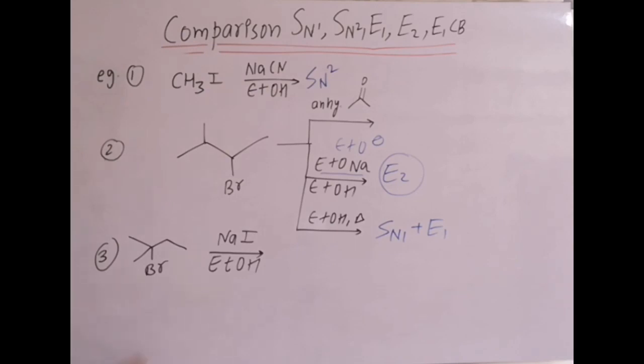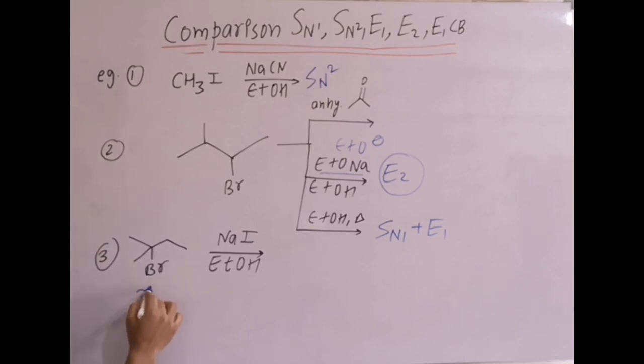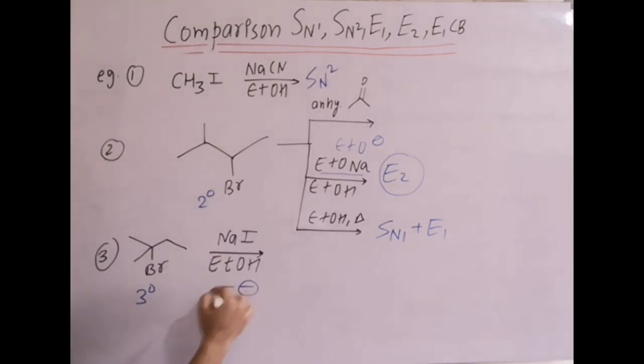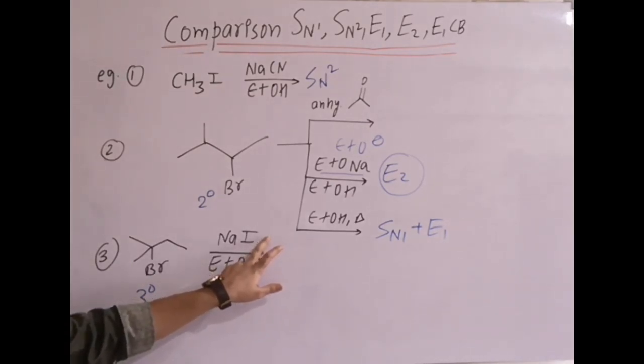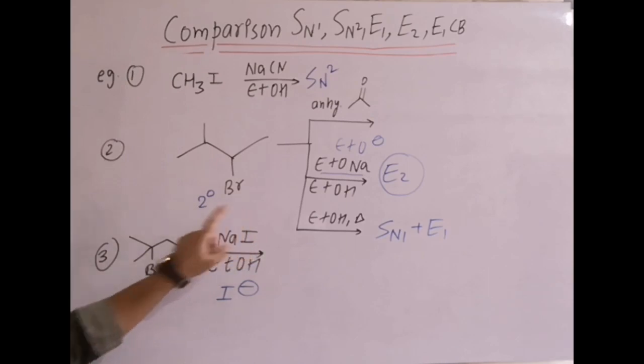In the next example, this is the alkyl halide with NaI in ethanol. Now, which degree is it? It is tertiary, the above one was secondary. In this part, NaI in ethanol, we know it is I minus, which is a strong nucleophile but a weak base. I minus in a solvent which is ethanol, a strong nucleophile is there and the degree of alkyl halide is tertiary.